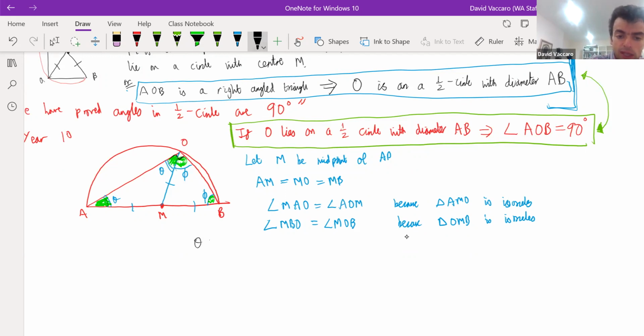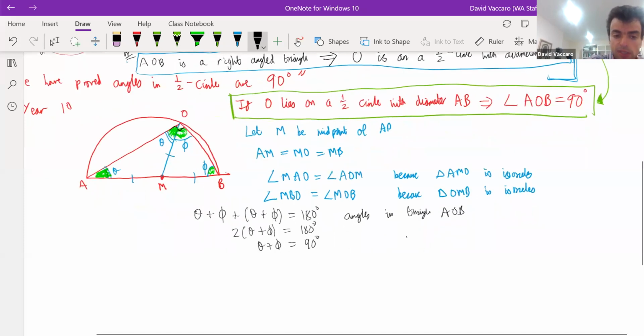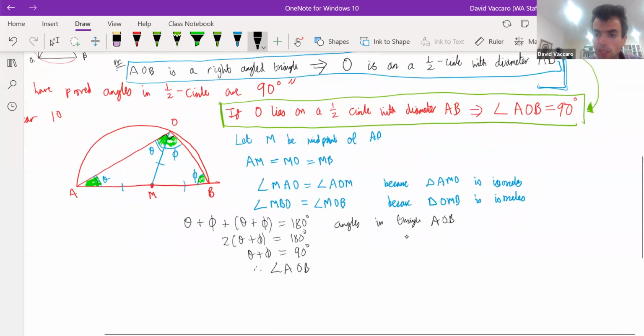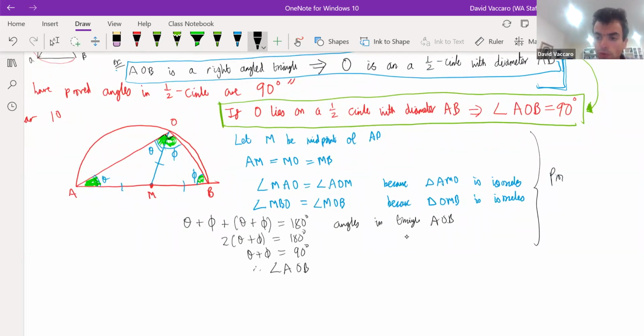So I know that theta plus phi plus theta plus phi is equal to 180 degrees. So that's angles in the triangle AOB. But that means that 2 theta plus 2 phi is equal to 180 degrees. So theta plus phi equals 90 degrees, but theta plus phi is the angle AOB. Okay, so this is the proof of the green result.